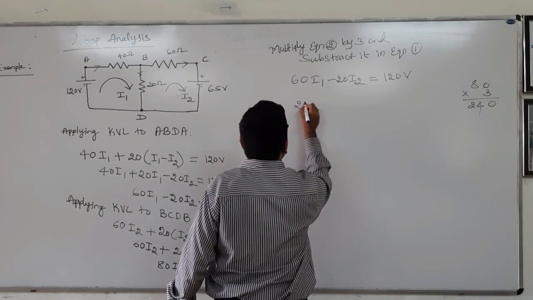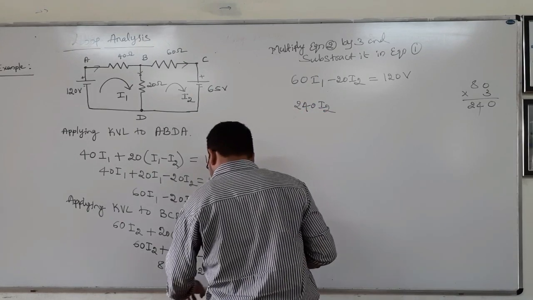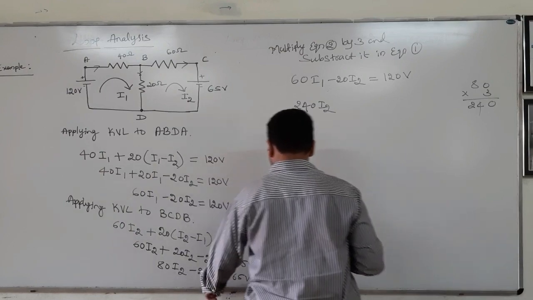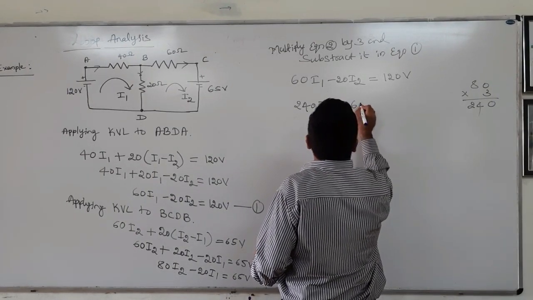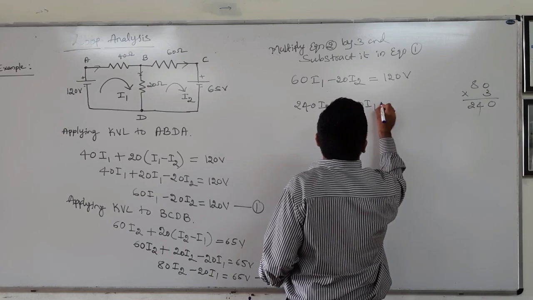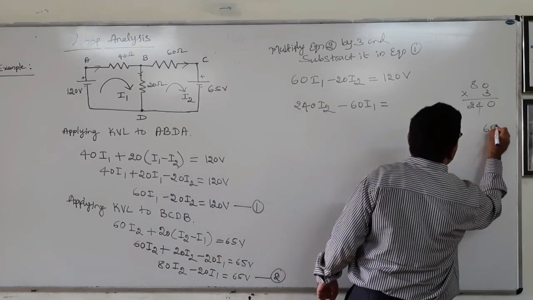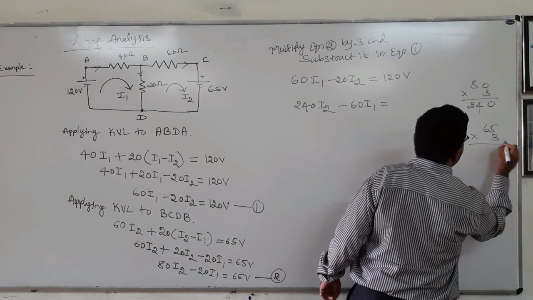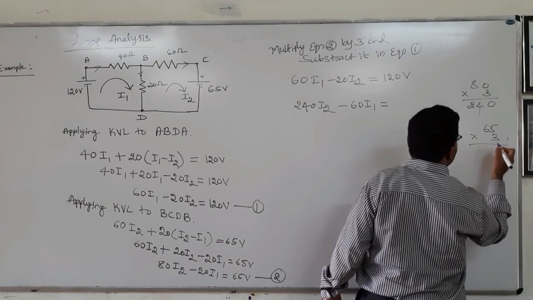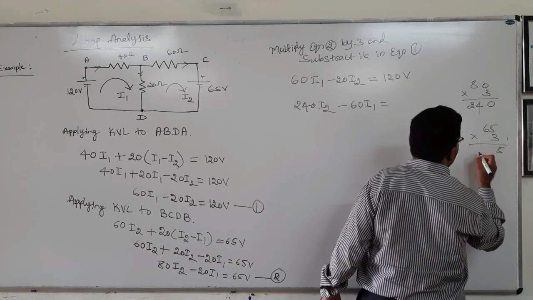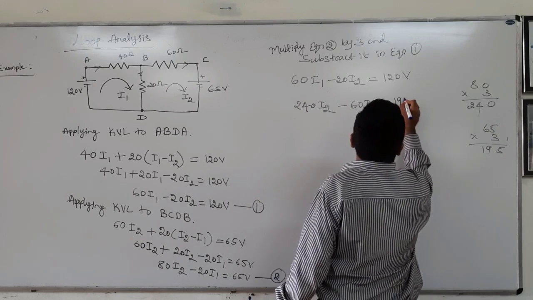So 240 I2, then 20 is multiplied by 3, then I will get 60 I1 equal to 65 multiplied by 3, that is 195 volt.